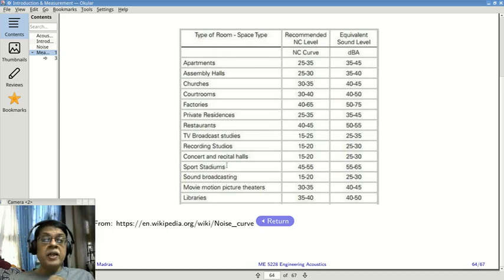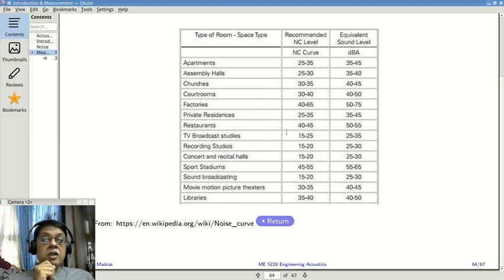Now, if you are looking at a stadium, of course not when a match is going on, because that is probably going to exceed substantially. For a sports stadium, NC 45 is probably a good thing. In a factory, we are allowing anywhere between 40 to 65 depending on what kind of factory it is. A restaurant is 40 to 45 because it's a slightly different ambient.